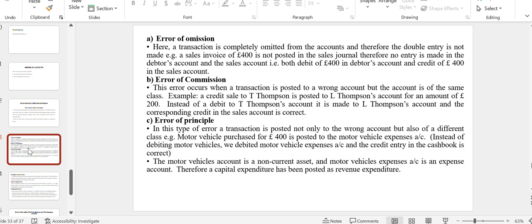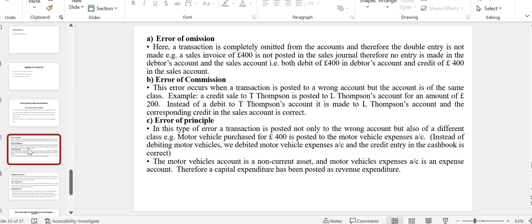So the double entry principle will not be adhered to. When preparing the trial balance, the figure that was supposed to appear on the debit side will not be there, and the same figure that was supposed to appear on the credit side will not be there. So the trial balance will still balance.